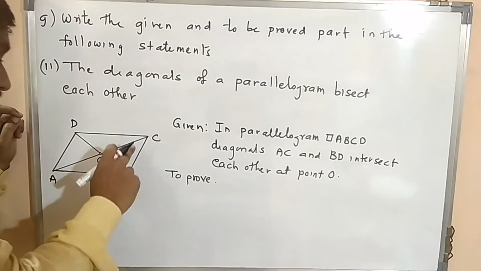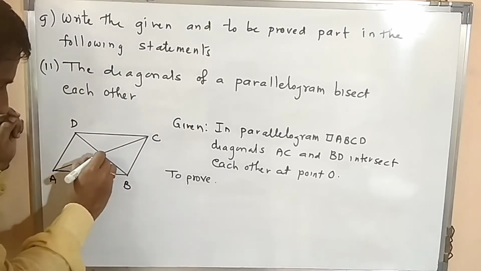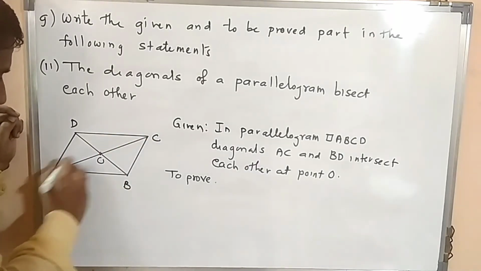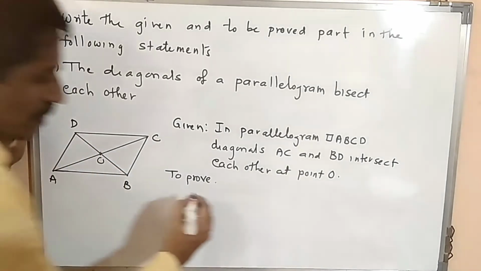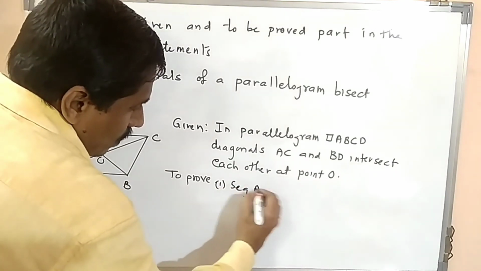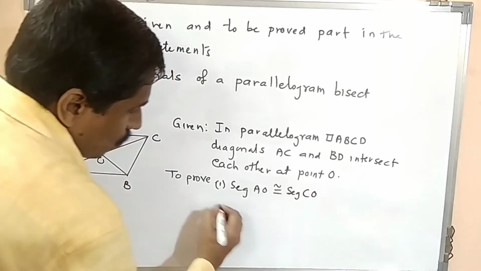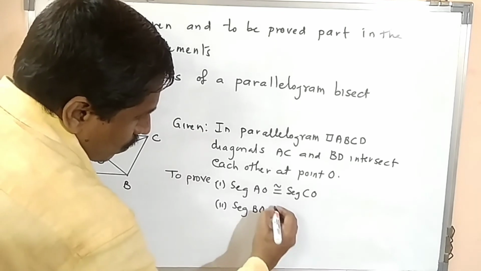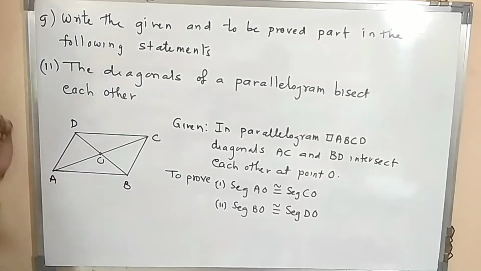It means they divide into equal parts. So point O, the point of intersection, divides segment AC into equal parts. That is segment AO congruent segment OC, segment BO congruent segment OD. To be proved part is first one, segment AO congruent segment CO, and the second one, segment BO congruent segment DO.